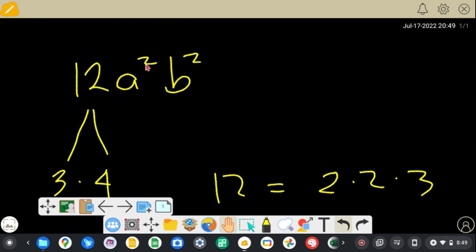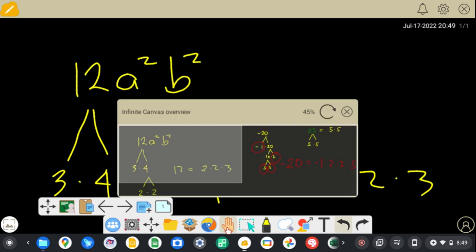The exponent should not be greater than what? Should not be greater than 1. It means it has only a 1 as the exponent.